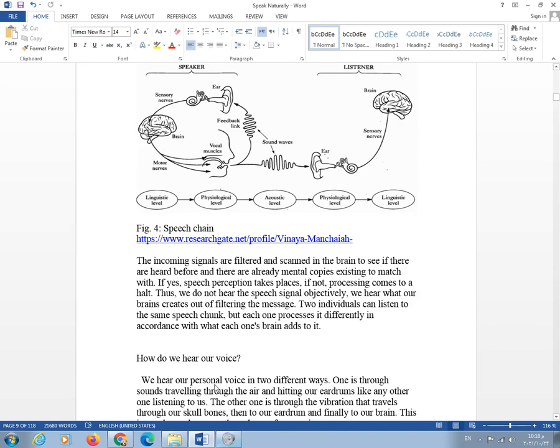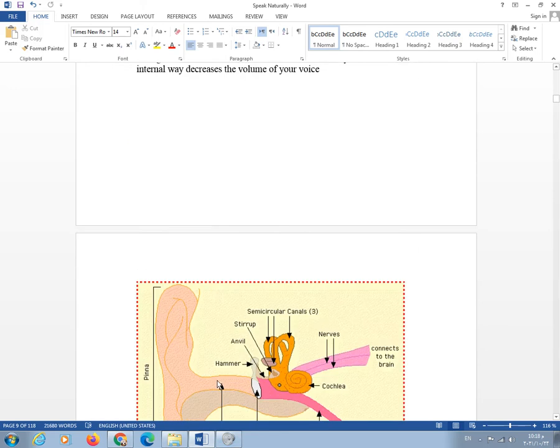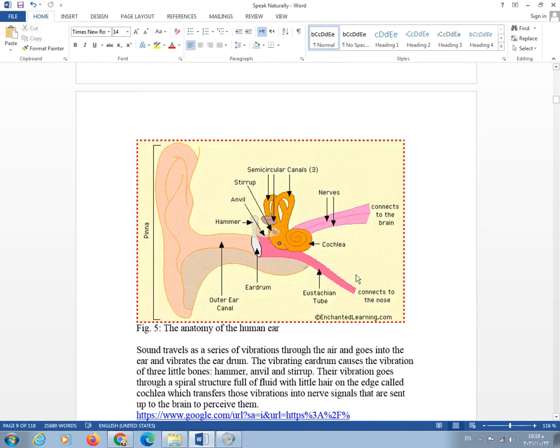Okay, how can we hear our voice? This is also more detail about what happens in the ear. The voice, or the speech waves, or the sound waves, get into the outer ear, and then move into the canal, and then hit the drum, and move three little bones, the anvil, hammer, and stirrup.